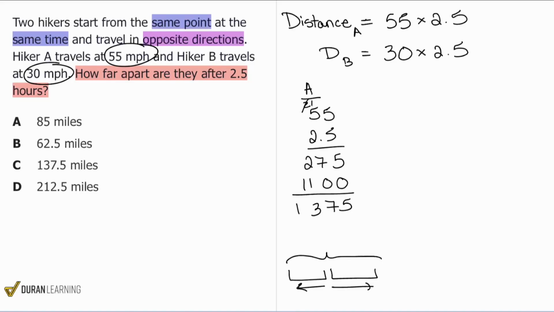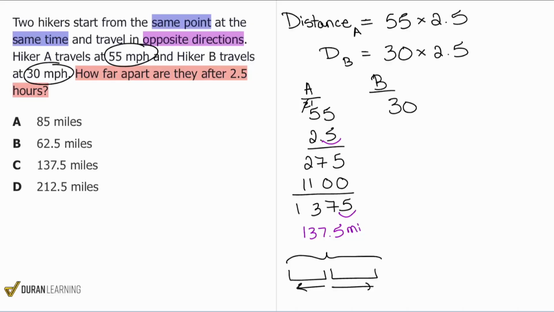Everyone, how many decimals are we bringing back? Yeah, we're just bringing back 1 here. So we'll bring back that 1 decimal place. Boom. And so that'll give us 137.5 miles. So watch us do the same thing again for B. Boom.